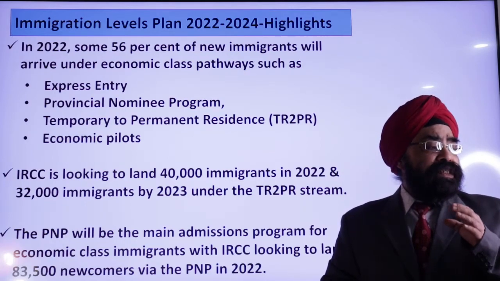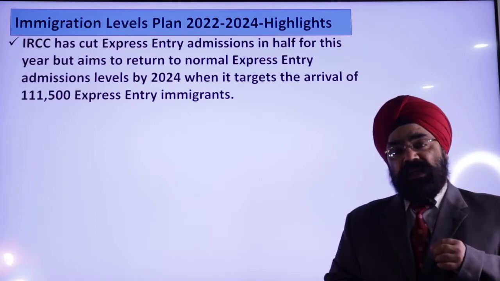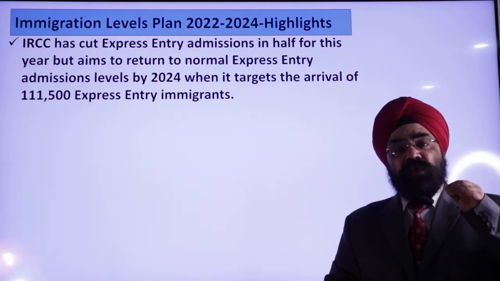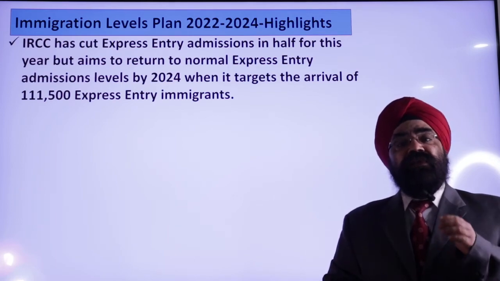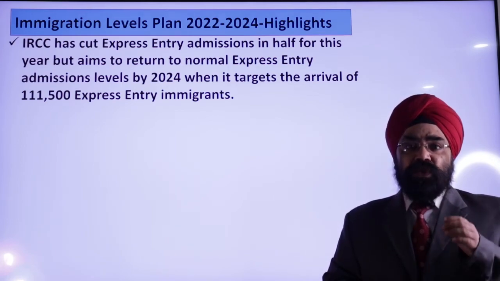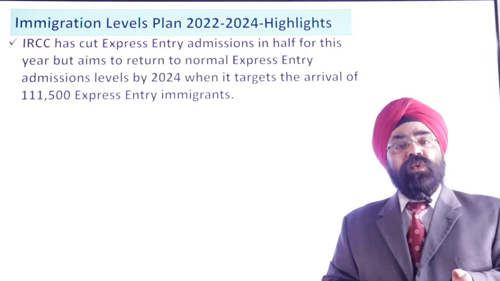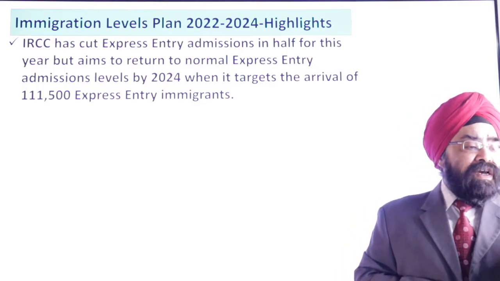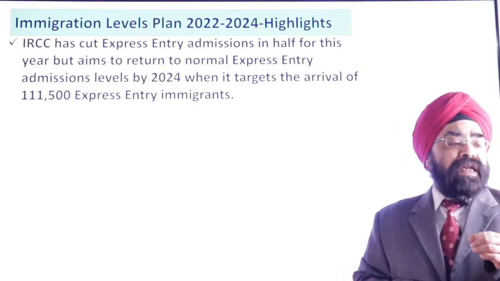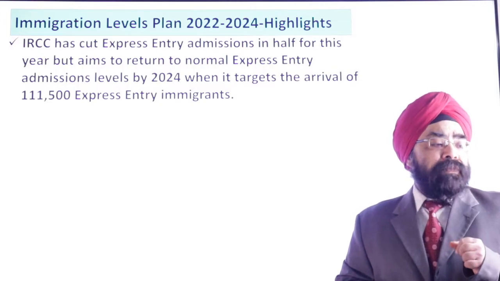So you can see what is actually happening is that IRCC has reduced the number of Express Entry. For this year, the planning was 110,000, which is reduced to 55,000, straight away half. So the number of Express Entry is reduced for this year 2022 and 2023, but eventually, going for 2024, the government thinks that they will be able to target again 111,500 total Express Entry immigrants.